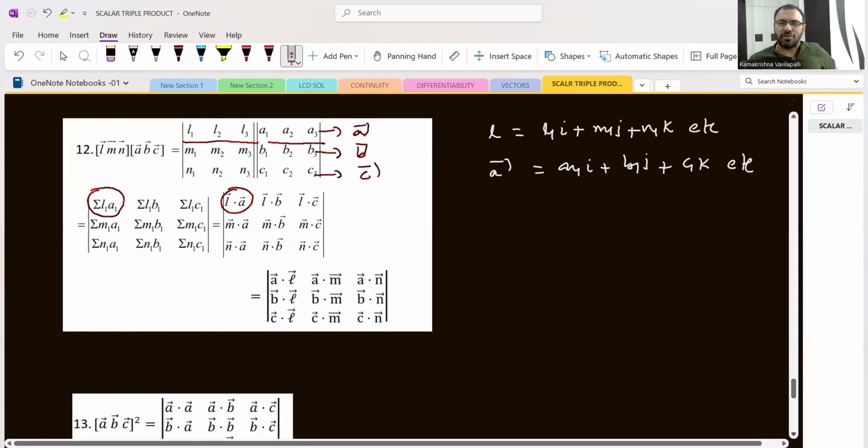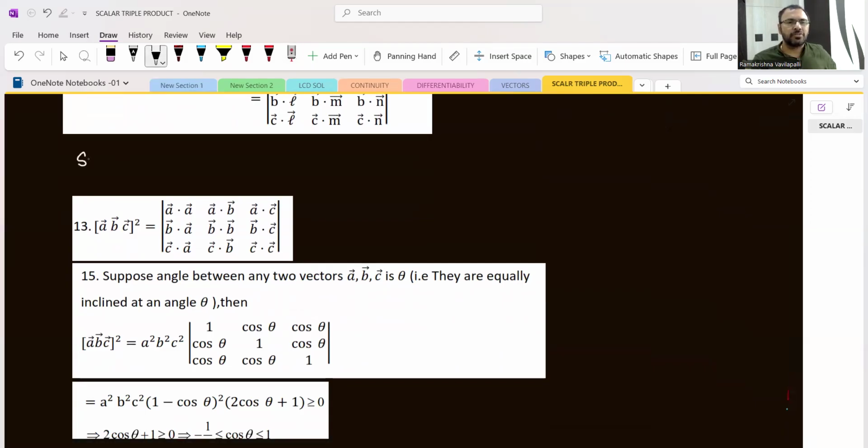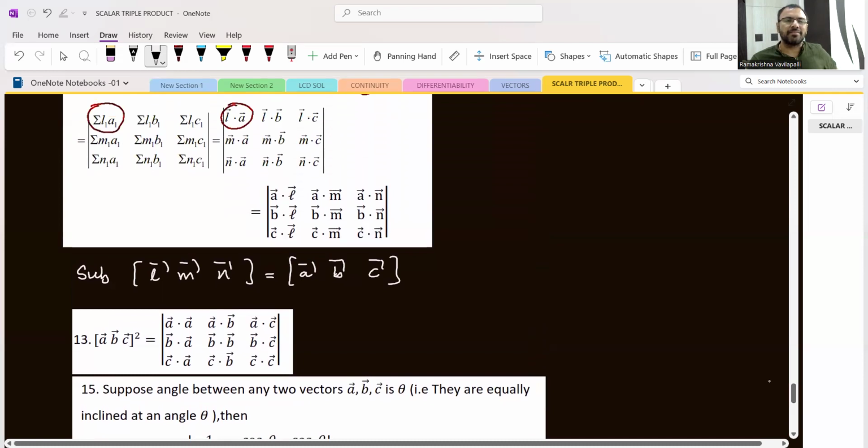So what will happen if you substitute LMN equal to ABC? Box LMN is equal to box ABC. Then you will get box of ABC whole square.